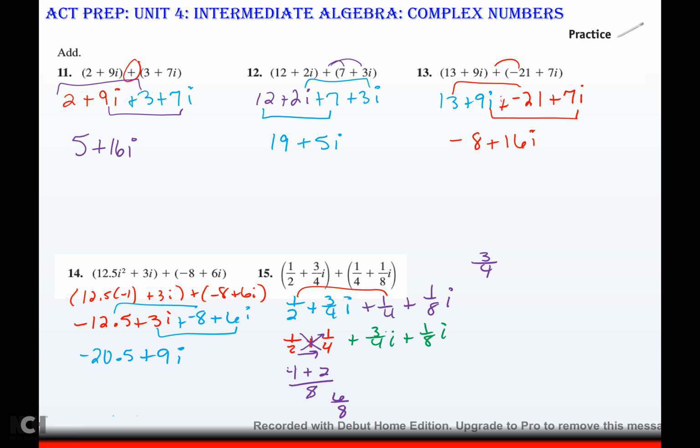Criss would be 24, plus cross would be 4, over straight across would be 32. That's 28 over 32, which reduces down to 7 over 8i. Okay?